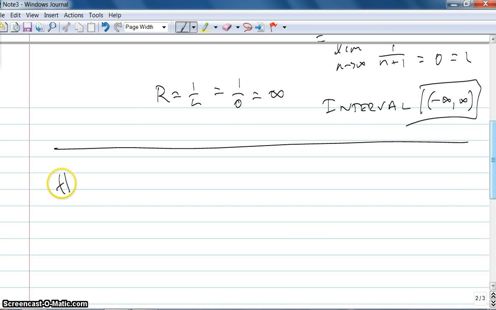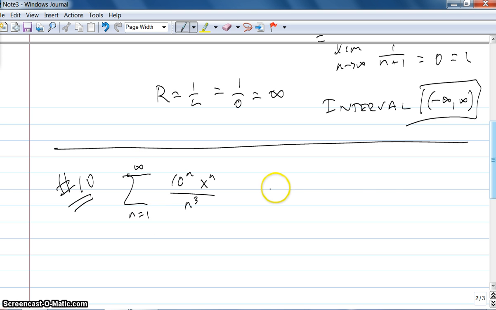Okay, let's look at number 10. Number 10 is the sum of 10 to the n x to the n over n cubed. Okay, same procedure.